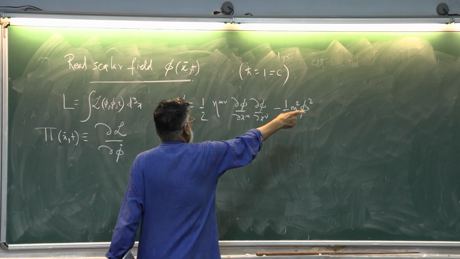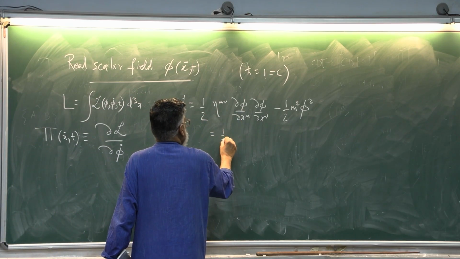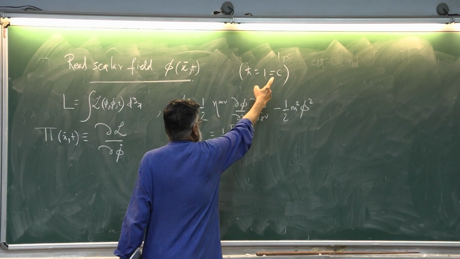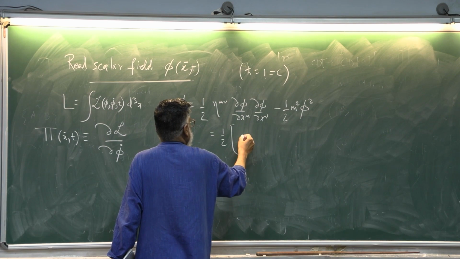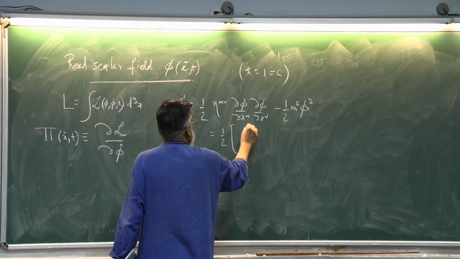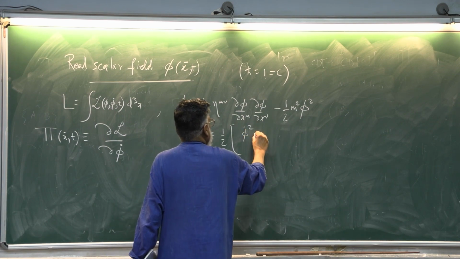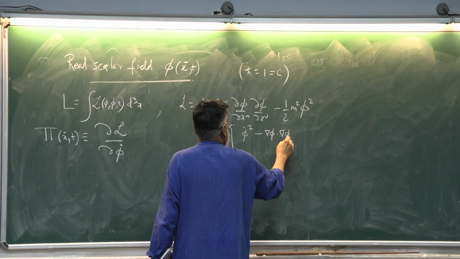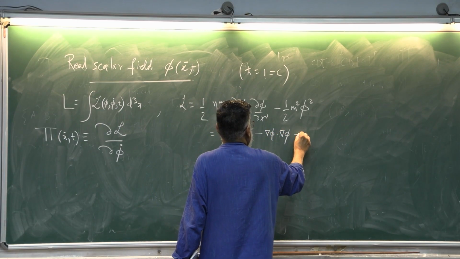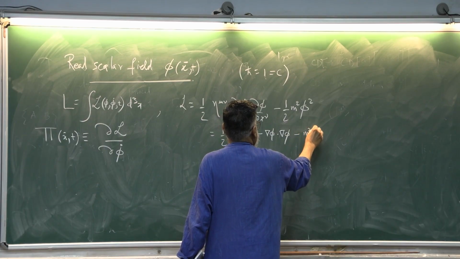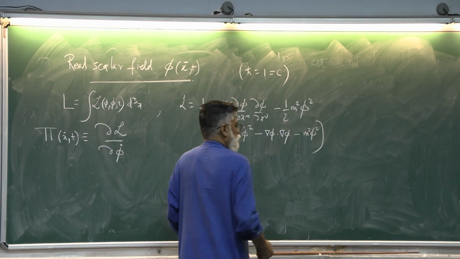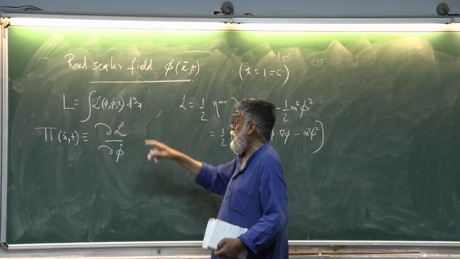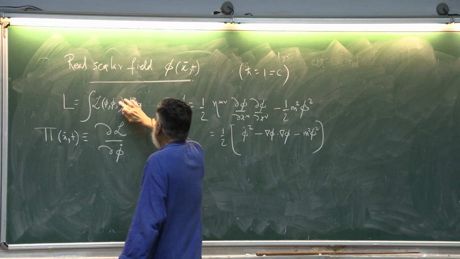If you expand this, remember x0 is t, c is 1. This is nothing but phi dot square minus grad phi dot grad phi. Why is the Lagrangian only a function of phi dot, not the spatial derivatives? Sorry, I didn't mention that. Yes, it is.